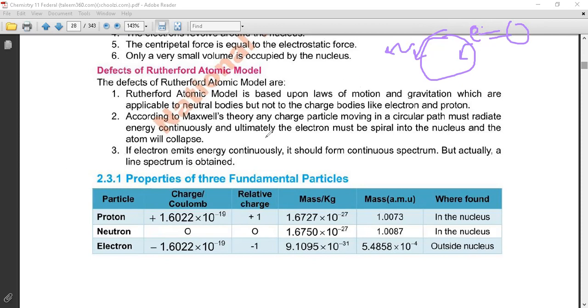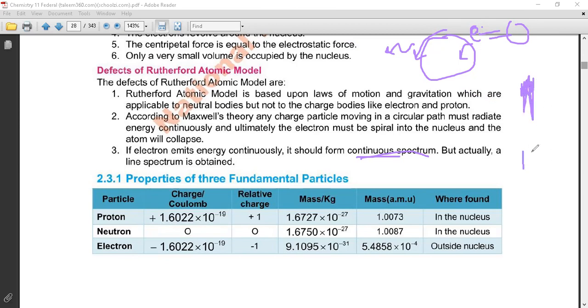If electrons emit energy continuously, it should form a continuous spectrum, but a line spectrum is formed. Let us understand the continuous and line spectrum. A continuous spectrum is like a band of colors which we see in our daily life. The spectrum of the sun is continuous, like this. I can't color properly, but it's like this.